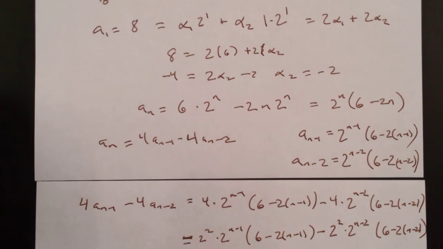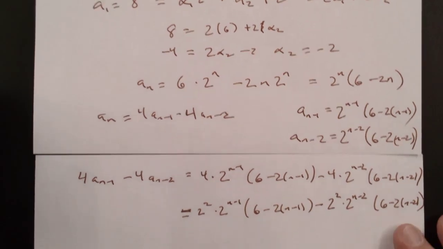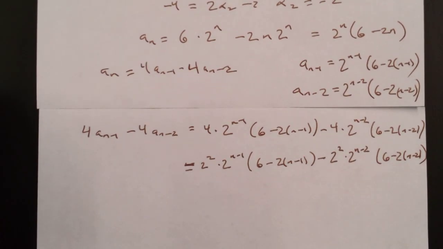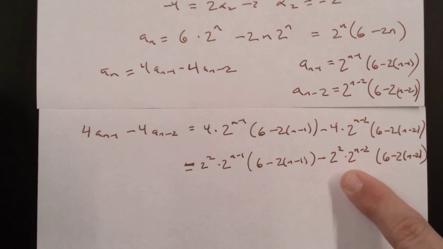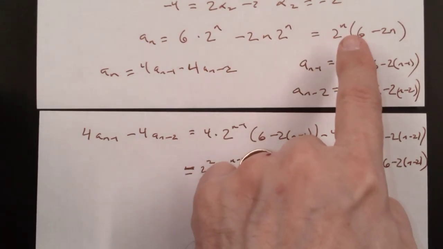I just rewrote my 4 as 2 squared. What happens here? Multiplying with the same base, powers add, so I get 2 to the n. Which is good, because that's what I want, right?